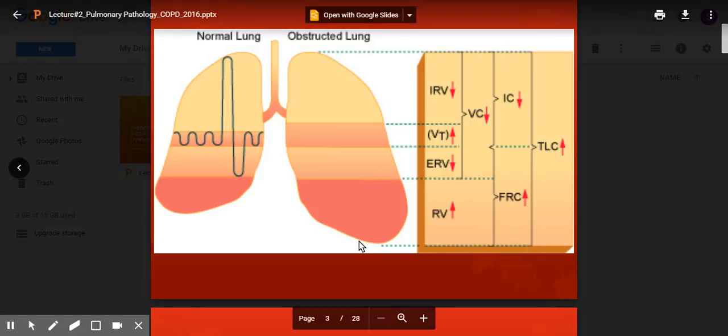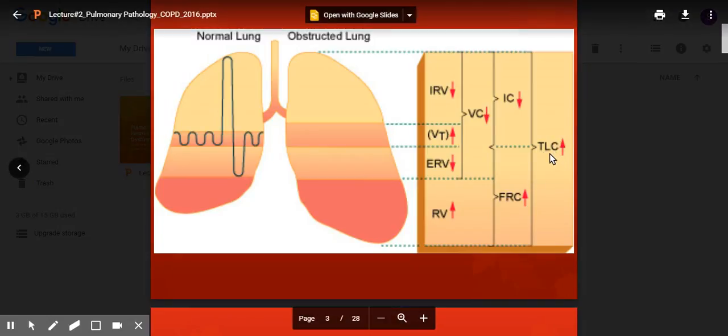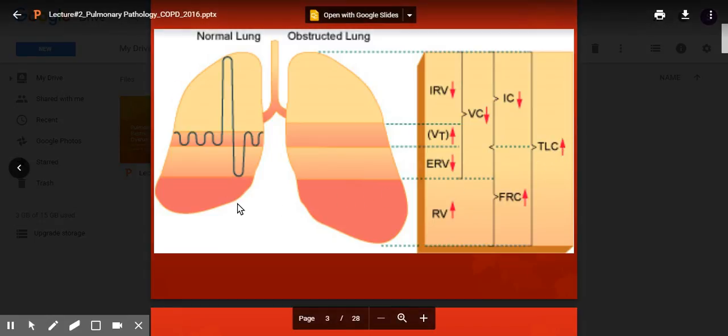And again, COPD patients, obstructive lung disease patients, oftentimes have hyperinflated lungs, a barrel-chested appearance, and a much greater total lung capacity than the average person.